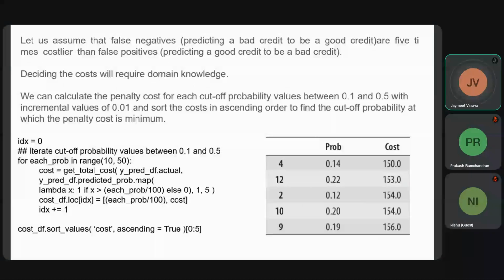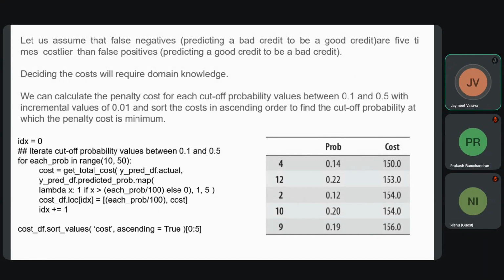In our case, we are going to assume that the false negatives, which are predicting a bad credit to be a good credit, are 5 times costlier than false positives, which are predicting a good credit to be a bad credit. Deciding the cost will require domain knowledge.